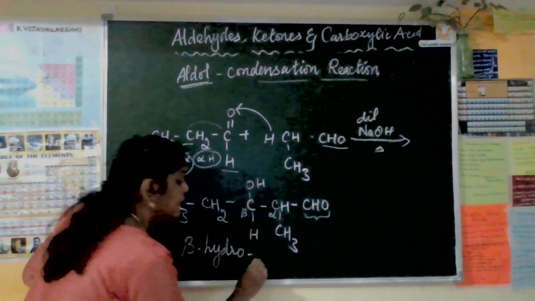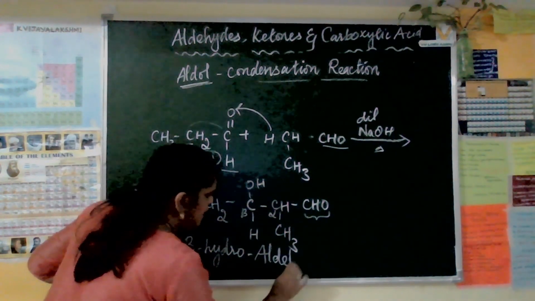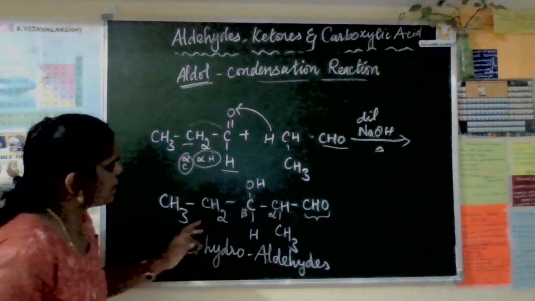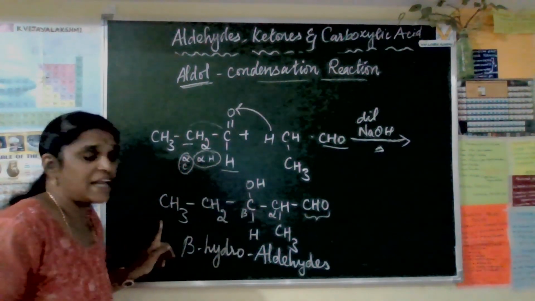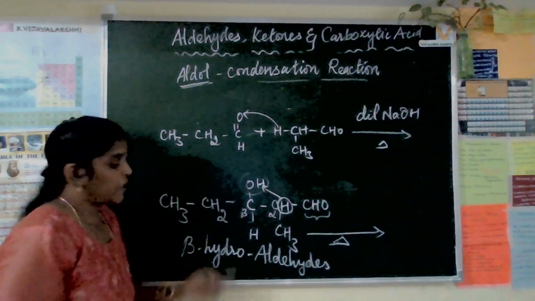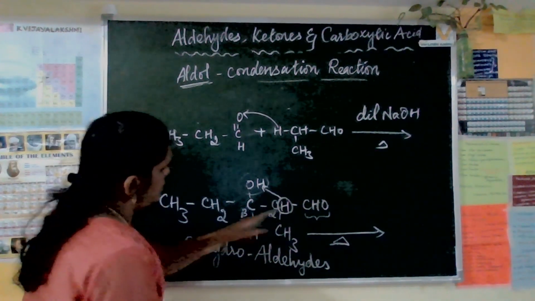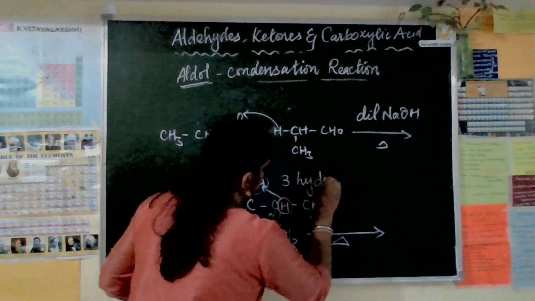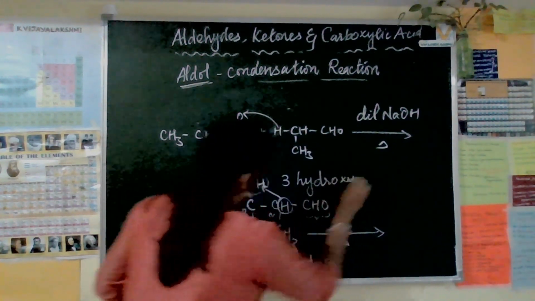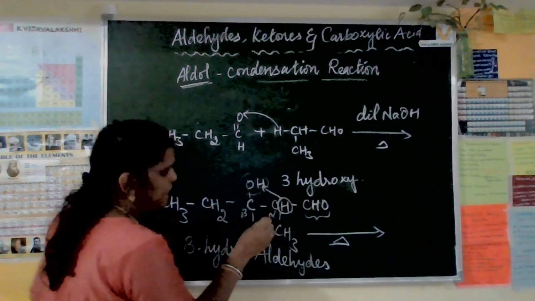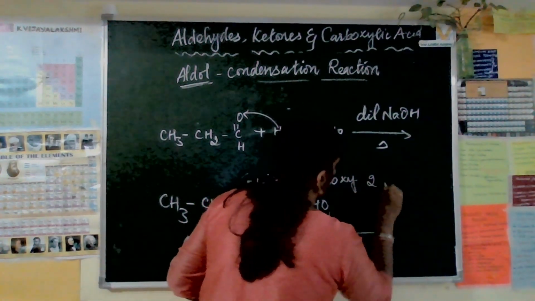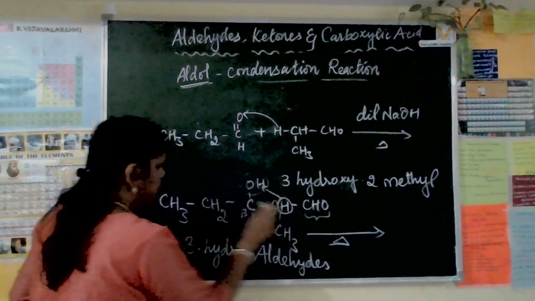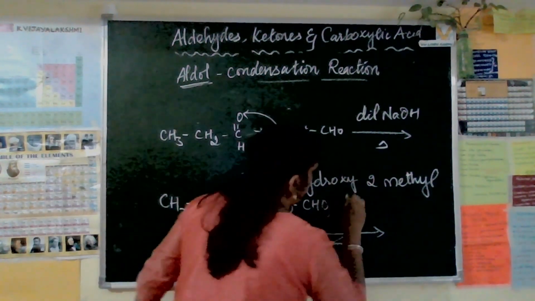aldehyde. So for beta-hydroxy aldehydes, what is the name you can provide? Generally, we can give the name by numbering 1, 2, 3: 3-hydroxy, and at 2 a methyl group is there, so 2-methylpentanal, 1, 2, 3, 4, 5.